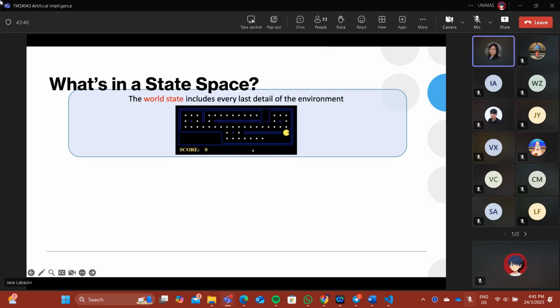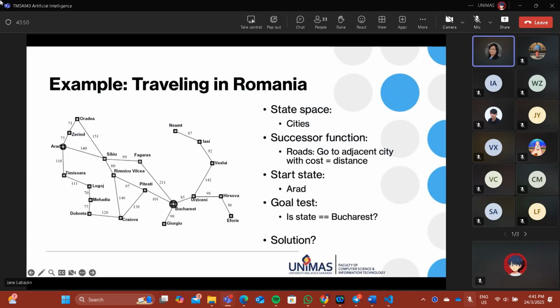So what's in a state space? For this particular example, the state space is cities. You can go to any of the cities following your successor function.